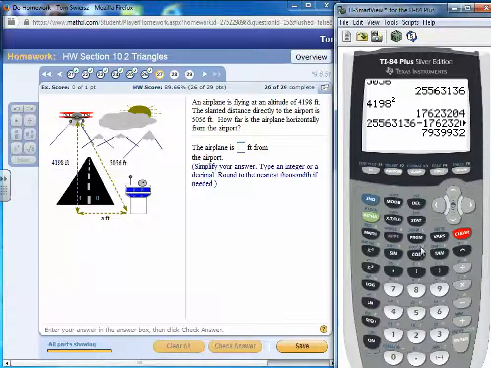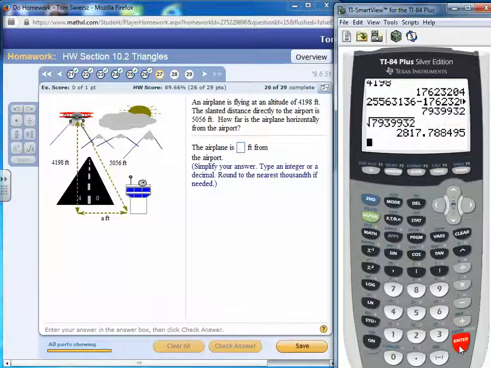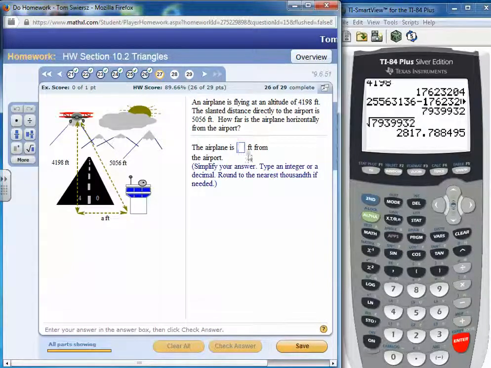So we're going to go ahead and do second square root of that number, and we're going to get to the nearest tenth 7.884. So we're going to keep the 8 and 8. The 4 is 5 or less. So the answer is going to be 2,817.884.